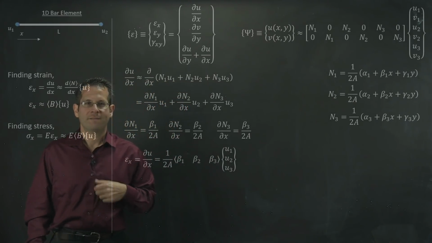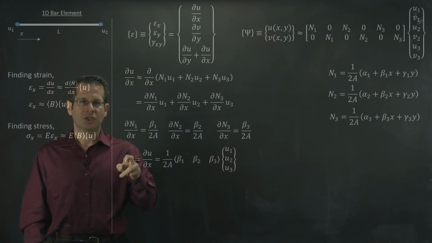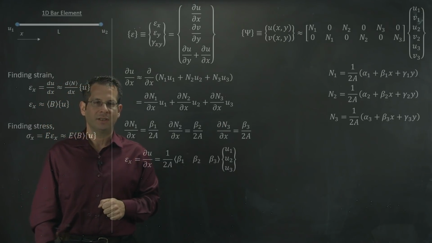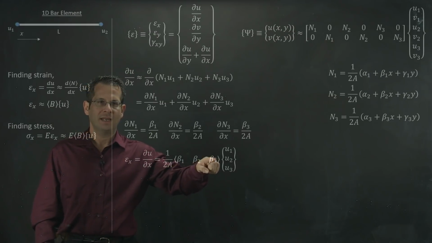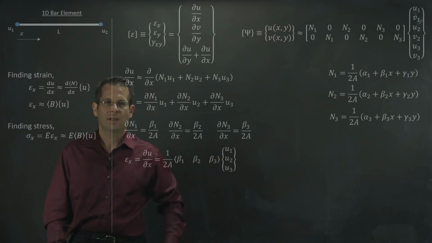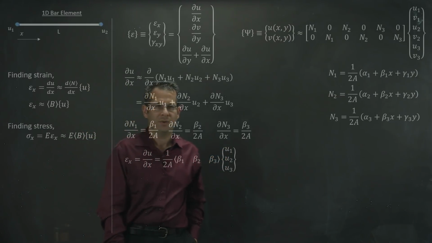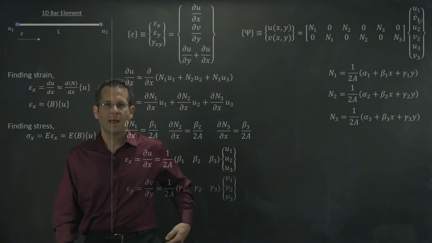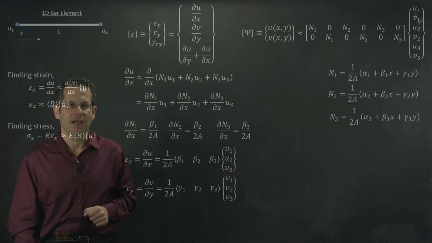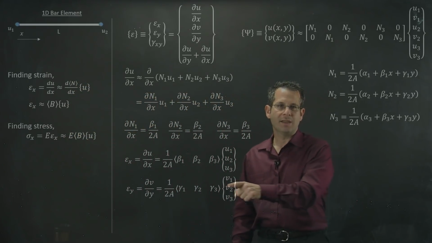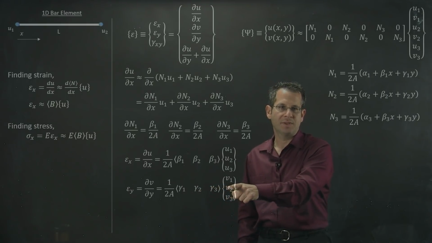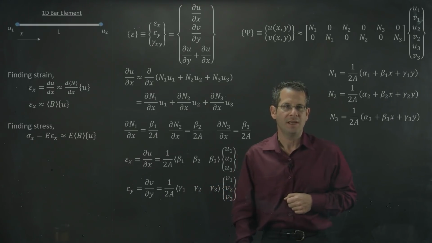So I can find my strain in the x direction as simply the vector of betas times my displacements u1, u2, and u3. Similarly, I will find that my strain in the y direction is simply the gamma terms times v1, v2, and v3.